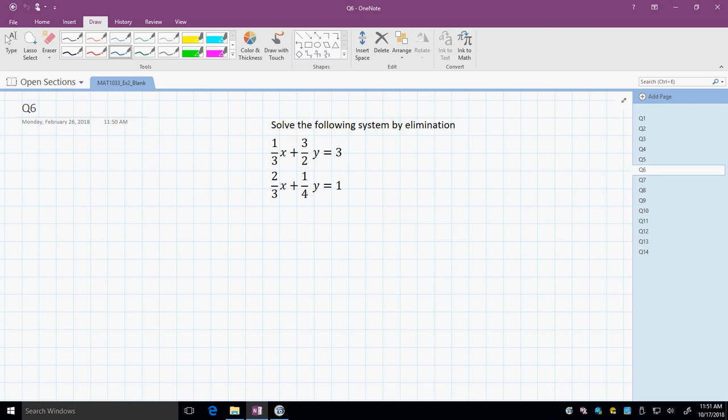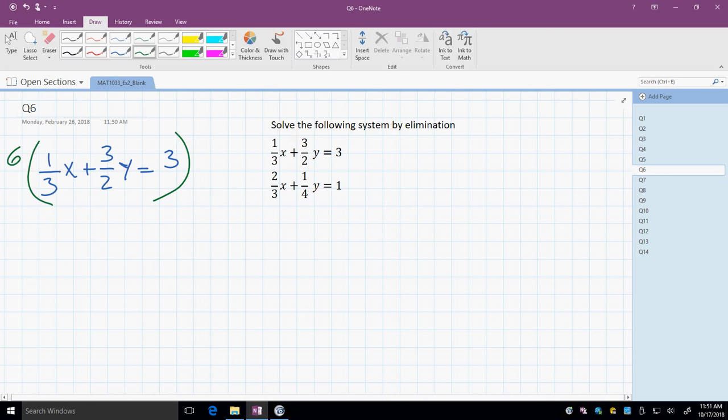So first thing, what do 3 and 2 have in common in the first equation? We have 1 over 3 x plus 3 over 2 y equals 3. Really, anything in common. But 2 times 3 is 6. So I'm going to multiply everything, meaning everything. That's why you put the parentheses in there so you don't forget. You're going to multiply everything by 6.